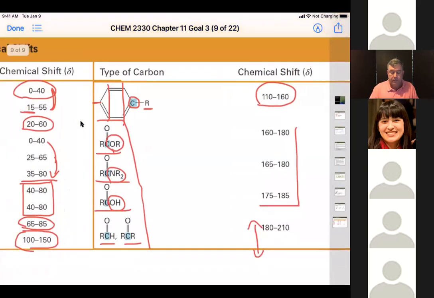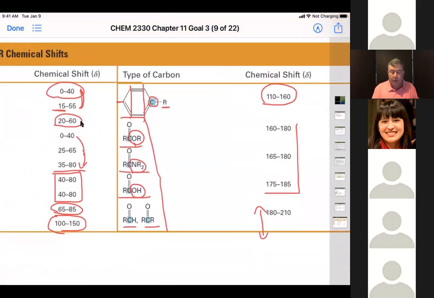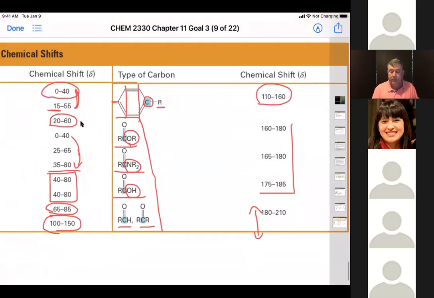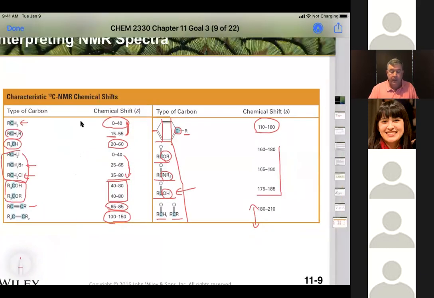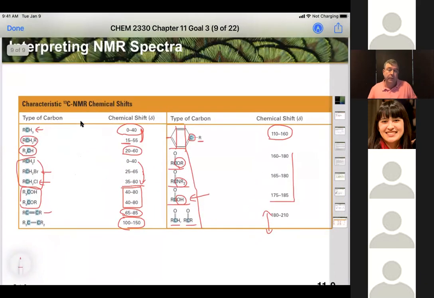And in proton NMR, the only thing we see above 10 is this carboxylic acid hydrogen. So that is carbon NMR in a nutshell. You're looking for the number of unique carbons and the relative position from 0 up, using that same philosophy we saw in hydrogen. And that is goal number 3.